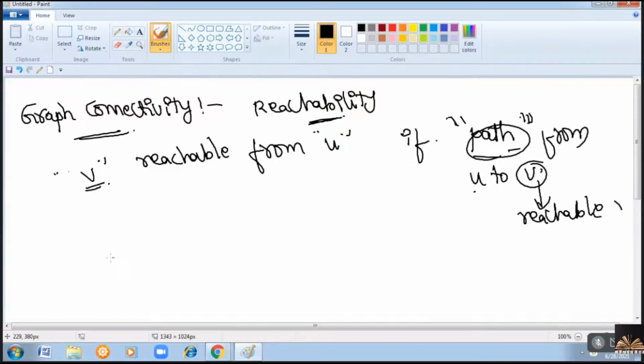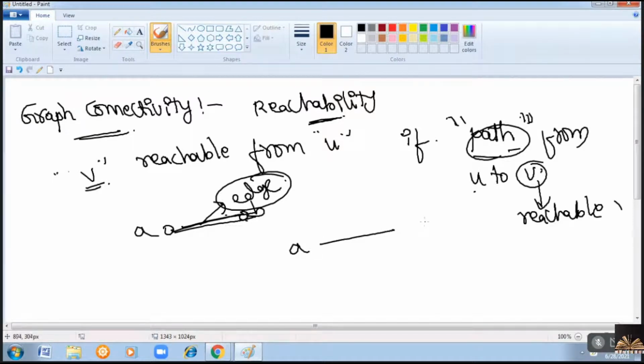Here, path means, suppose you have a graph like this, if there is a link between A and B, we'll call it an edge, right? Path means it includes more than one edge. So A to B, B to C, this is a path.